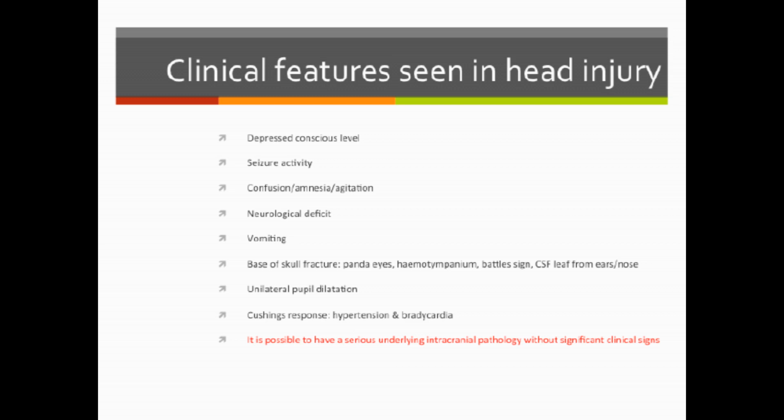For example, if a patient has a basal skull fracture that's damaged the facial nerve, they may present with a unilateral facial weakness. So it's important, in summary, that patients do get a thorough and full neurological exam. Sometimes the neurological deficits can be quite subtle to detect.